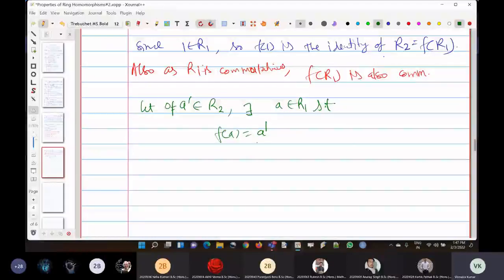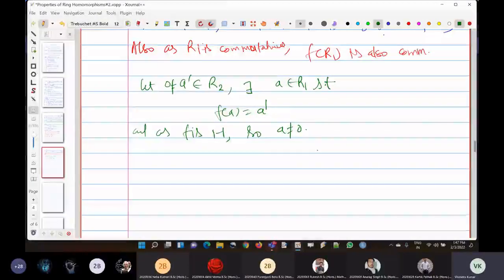And as f is one to one, A cannot be 0, because under a homomorphism 0 maps to 0. Since A dash is non-zero, A cannot be 0.